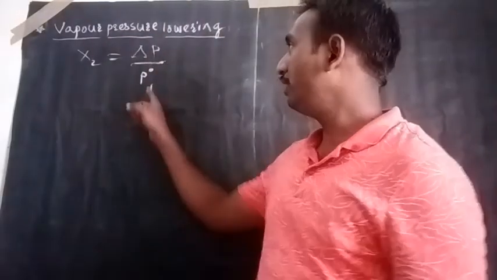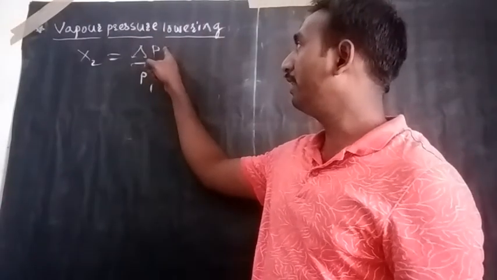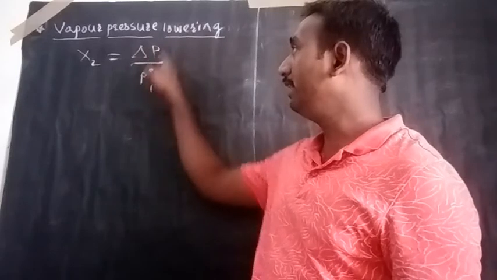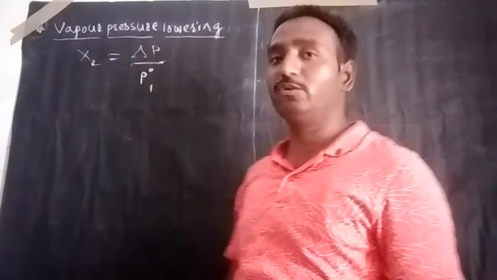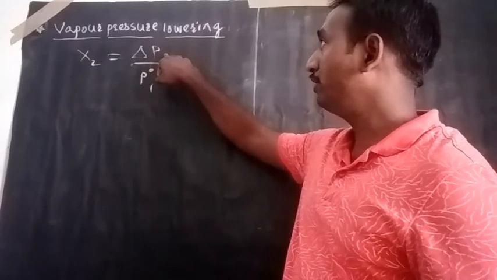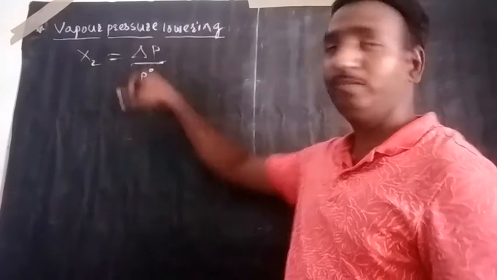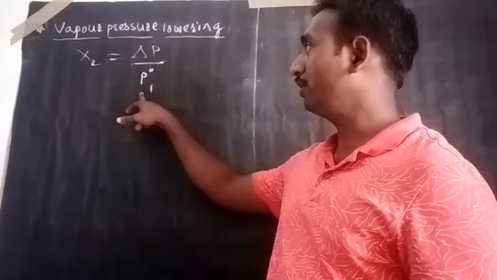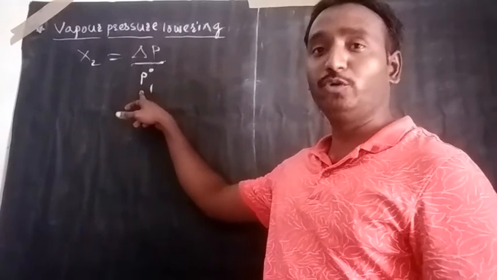In this derivation there is one ratio, delta P versus P01. Delta P is nothing but the vapor pressure lowering and P01 is the vapor pressure of the pure solvent.